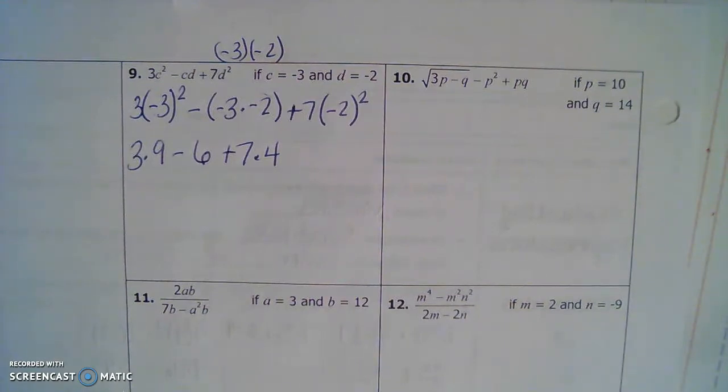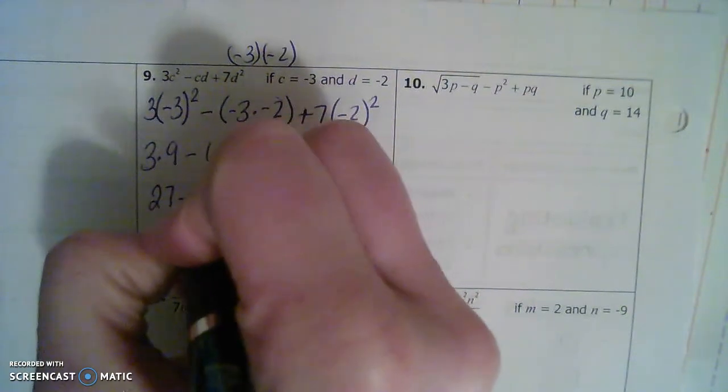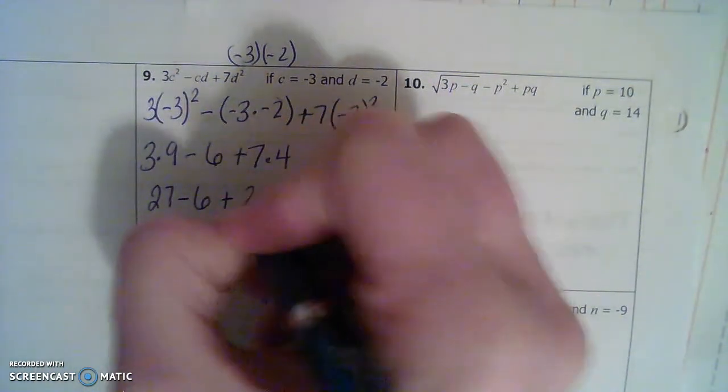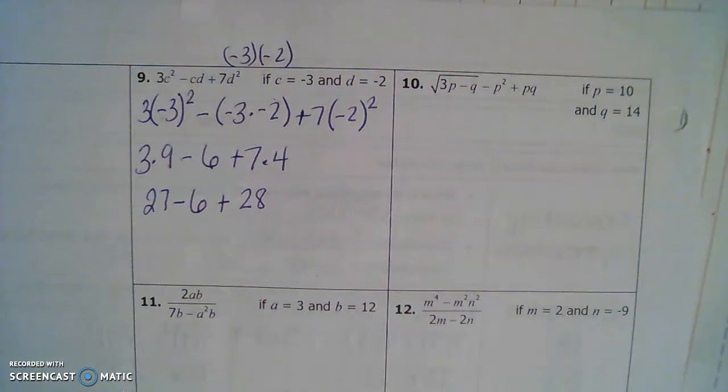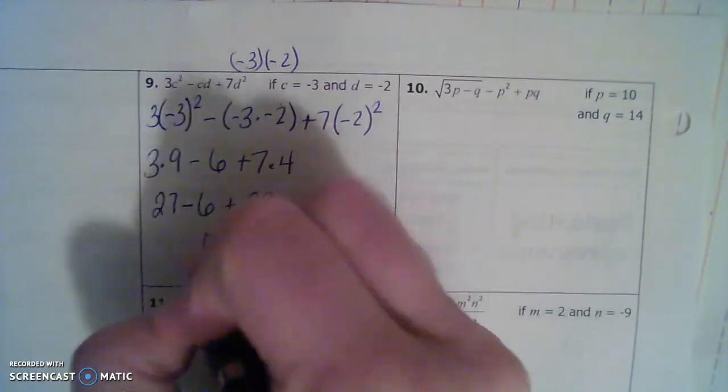Remember, you have to get rid of everything except addition or subtraction before you can add or subtract. So we need to do 3 times 9 is 27, minus 6, plus 7 times 4 is 28. Now we can just work straight across left to right. 27 minus 6 plus 28 gives us 49.